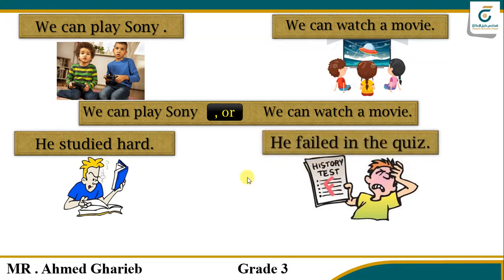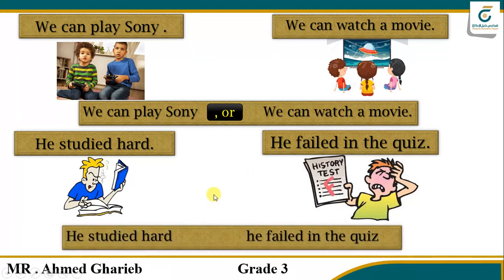The sentence says that he failed in the quiz. He studied hard, he failed in the quiz. So there is contrast between the two sentences. If there is contrast between the two sentences, we can use but. So he studied hard, but he failed in the quiz. So there is contrast, opposite meaning between the two sentences.